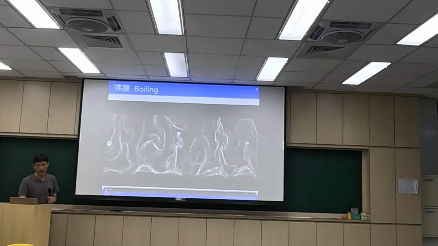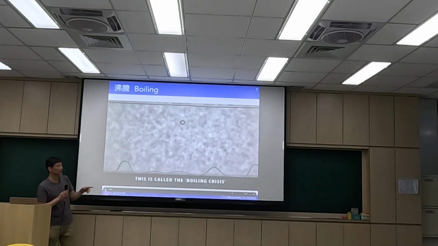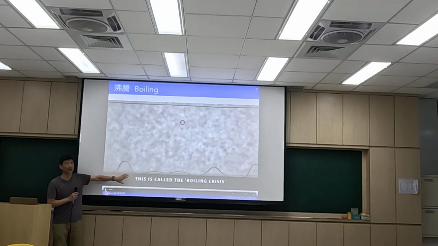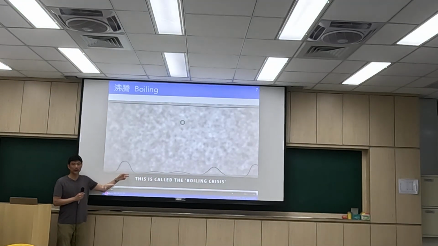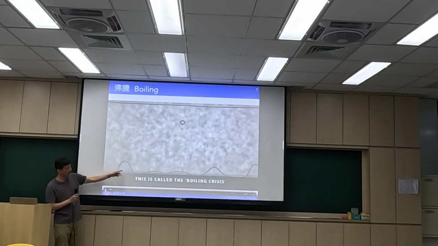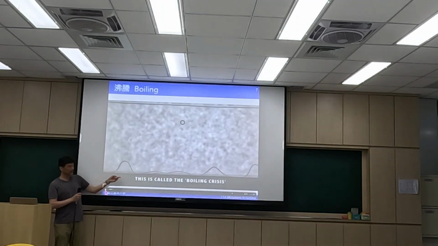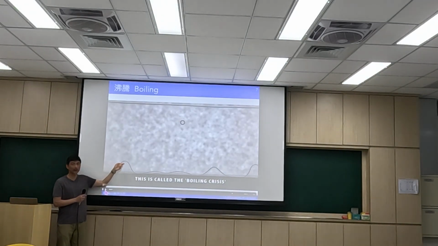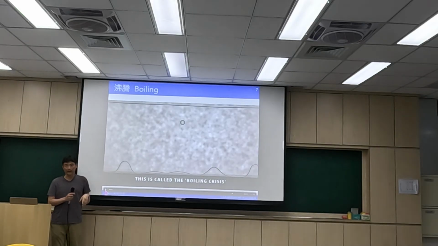So this is so-called film boiling. The situation is that the temperature of the substrate is too high for the liquid to touch the substrate. So the heat transfer between the liquid and heater comes from radiation through the interface instead of contact.